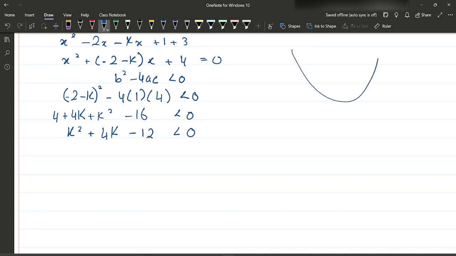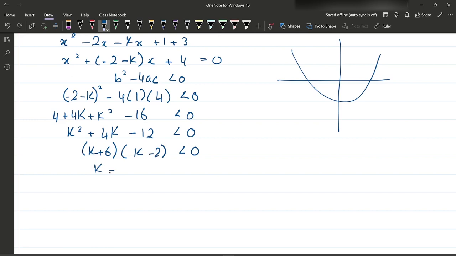Now we can sketch this, and here we get k plus 6, then k minus 2 less than 0. So k is meant to equal minus 6, and k is meant to equal 2. So this is minus 6, this is 2. And they're asking us where this inequality is less than 0, and it's all these values.